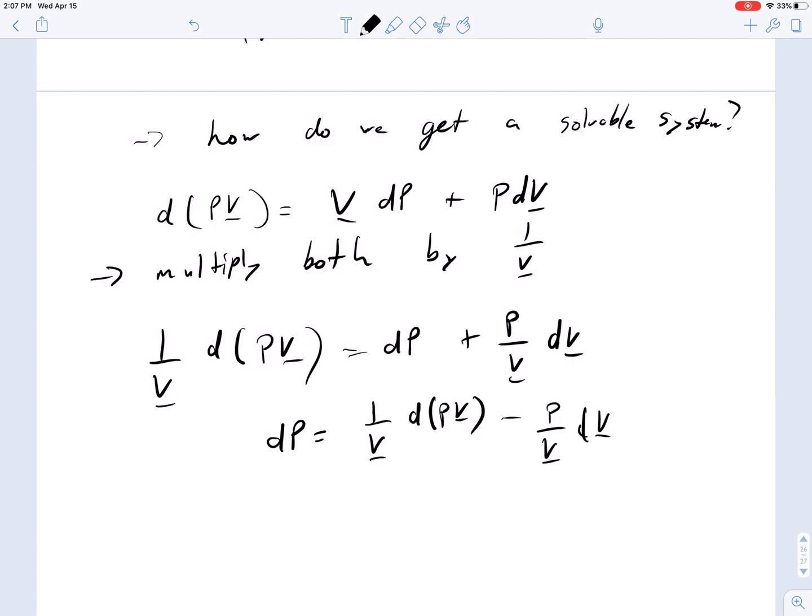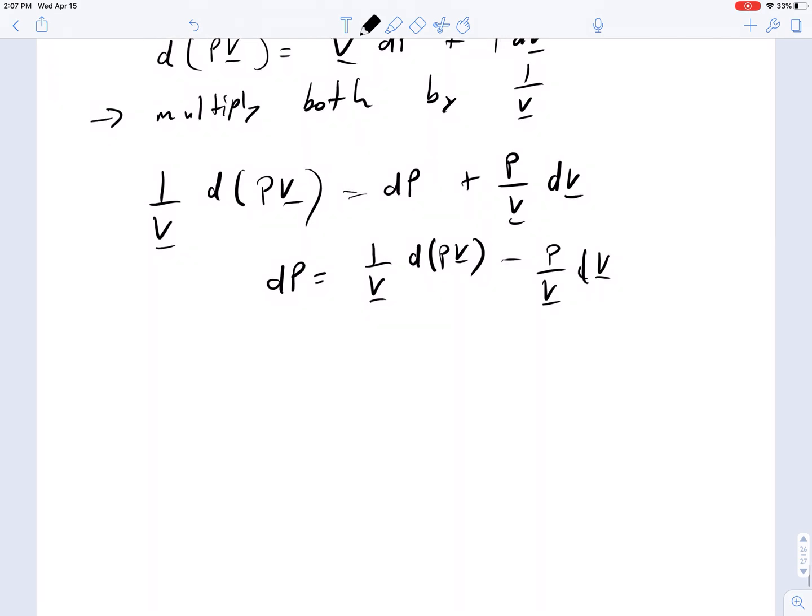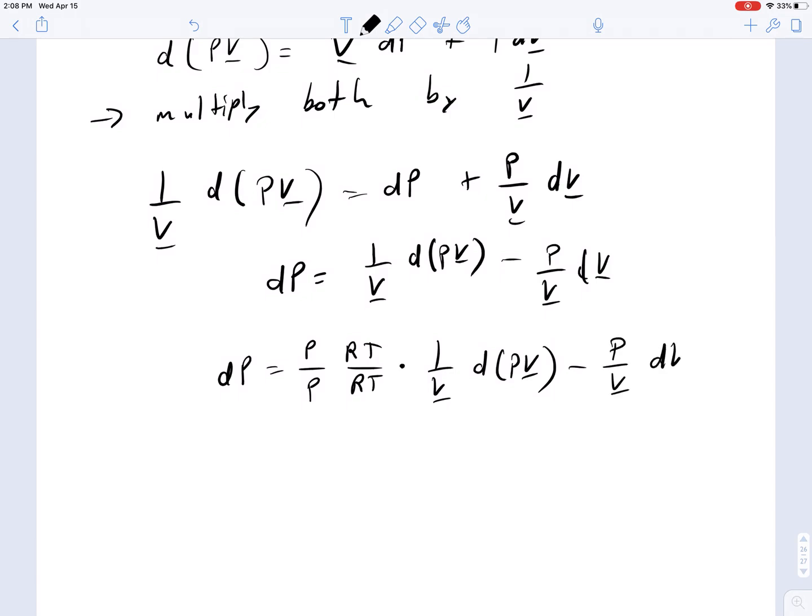Okay, great. So now we can do a small trick, and then it's kind of cool. So dP is equal to P over P, RT over RT, times 1 over V under bar d of the product of PV, minus P over V under bar dV under bar.